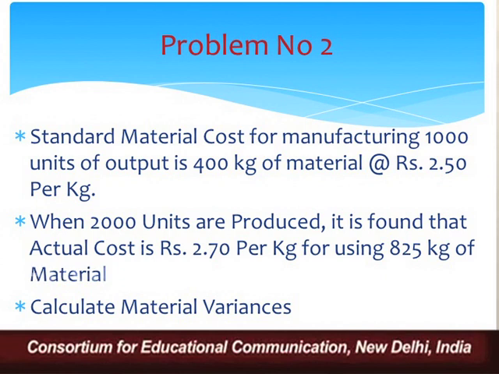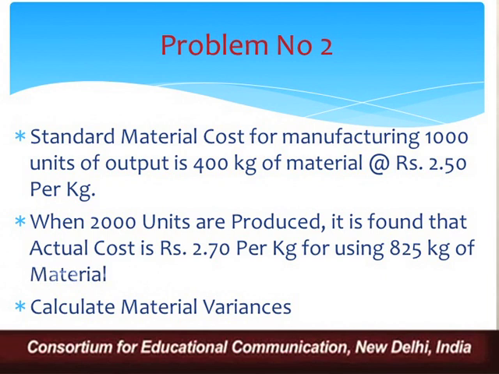The second para of the question reads that when 2000 units are produced, it is found that the actual cost is 2.70 per kg for using 825 kilograms of material. So the second para is telling you about the actual production.